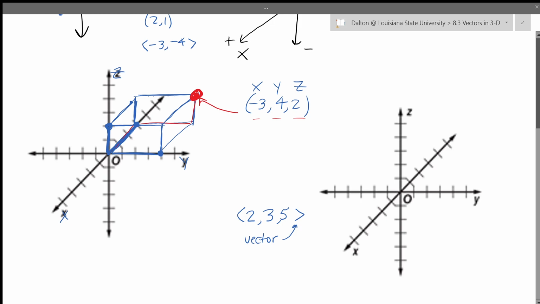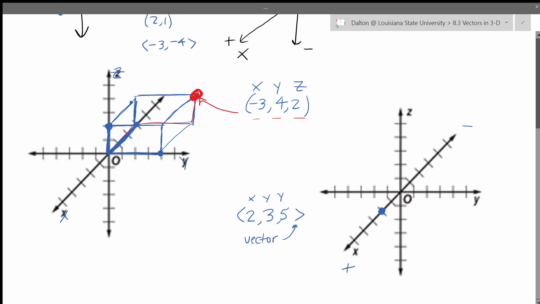A vector in three-dimensional space is similar to that of 2D space. We're going to graph it almost as if we were graphing the points. We start at the origin, and remember x, y, z. On the x-axis, this is the positive direction, this is negative. So if it's a +2 on the x-axis, I'm going to come out 2.